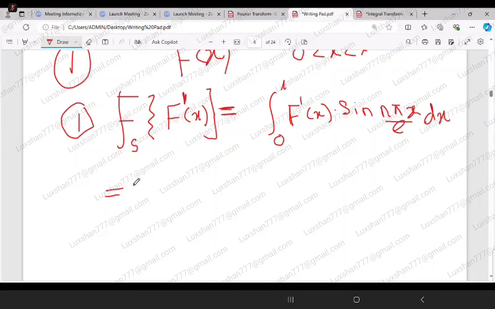F dash x into integration of this one. So what is that integration? Sine n pi x, sorry, not sine. So it should be cos now.